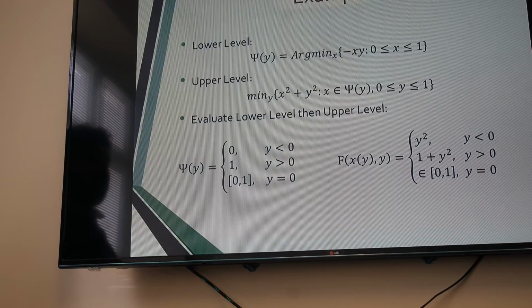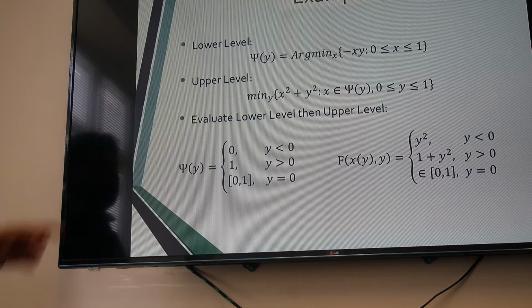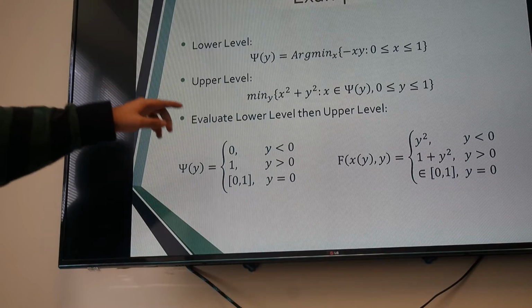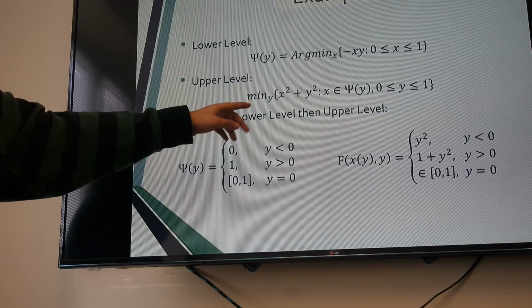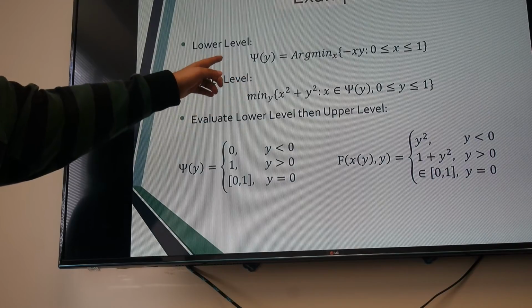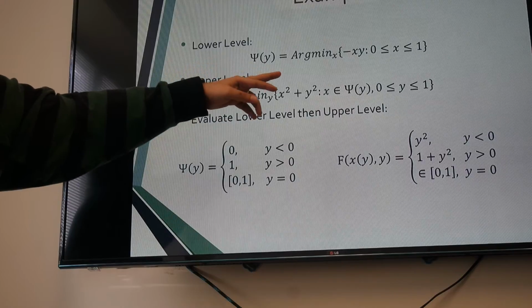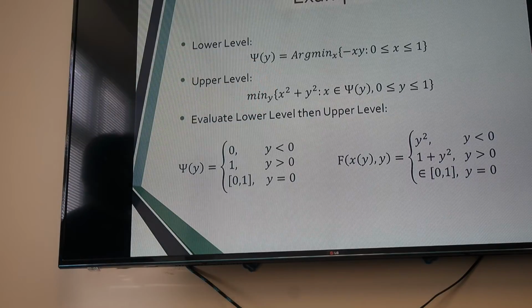So suppose we have in the lower level C of y, which is again the feasible region, equal to minimization of minus xy subject to x between 0 and 1. And let's have an upper level model where we minimize x squared plus y squared, and x is in C, and y is between 0 and 1.